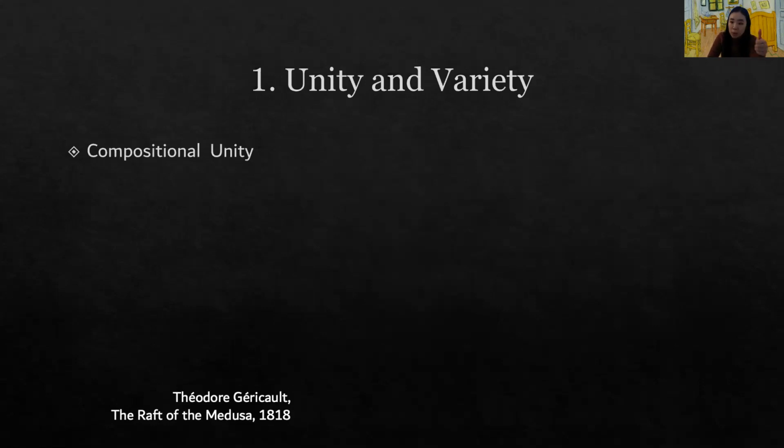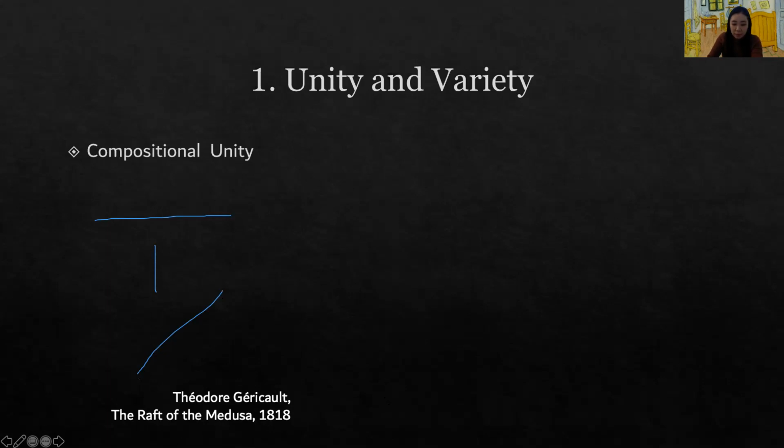The first was horizontal lines, the second was vertical lines, and the last is diagonal lines. Each line shows a different emotion and movement.